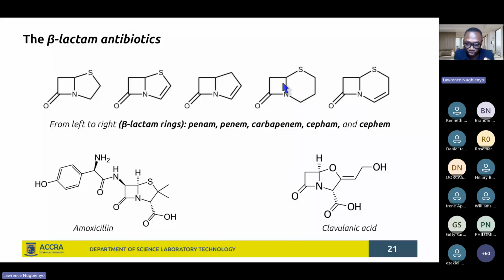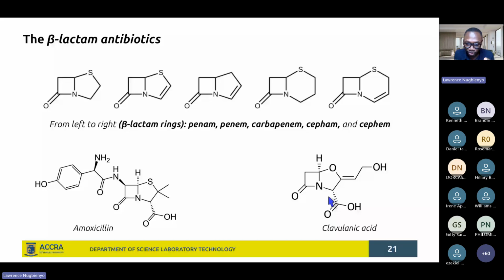Of course, this is not exhaustive. Even if you look at this, you see amoxicillin is having I think the first ring there. So that will be a penam, because it's the first ring over there that you find inside amoxicillin. But if you take a look at, so these are some, I think, the most common antibiotics you'll be finding around in Ghana.